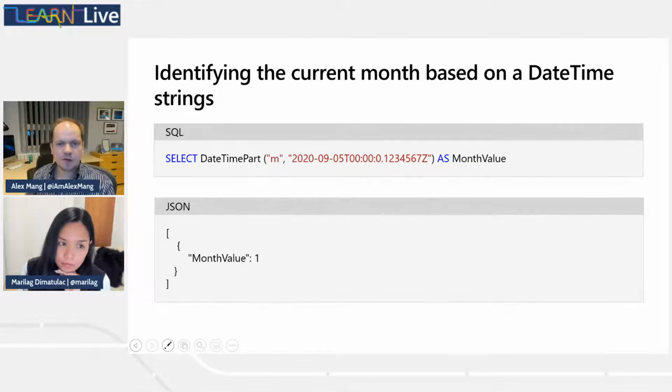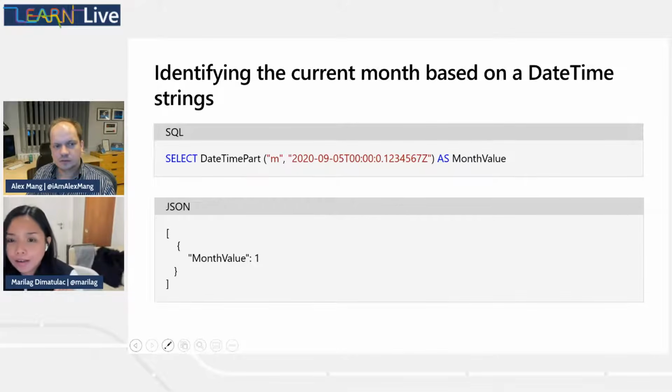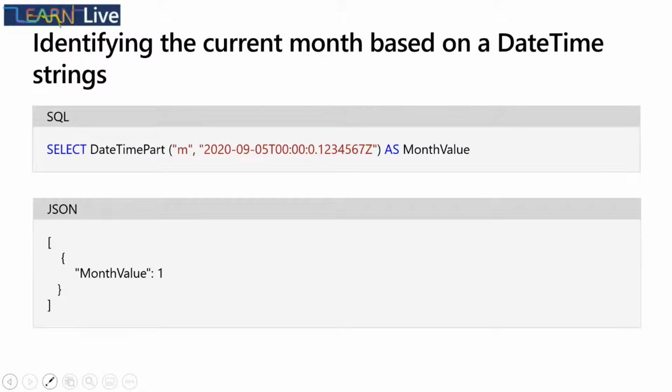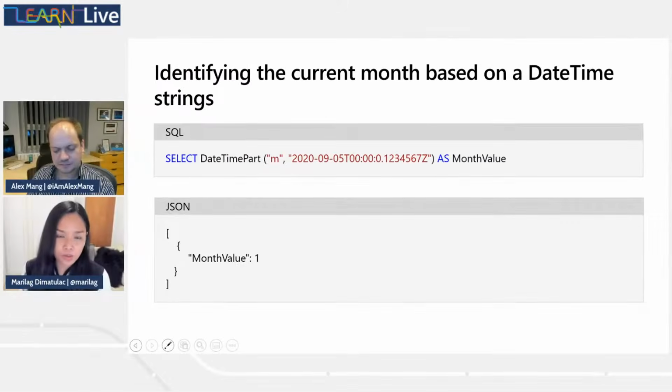Marilag, do you want to cover maybe the DateTimePart function? Yeah, so if you want to calculate the current month, that's very common. You can use this function called DateTimePart, where you pass your date and then the m, which stands for month, and then give it an alias as monthValue, and then you get the number of the month.